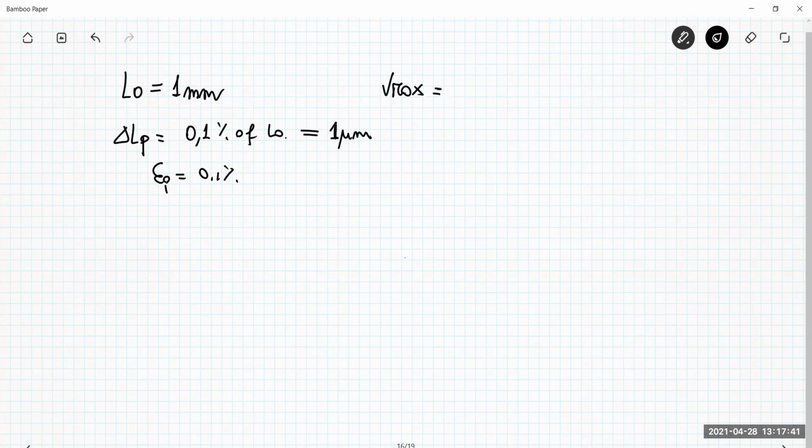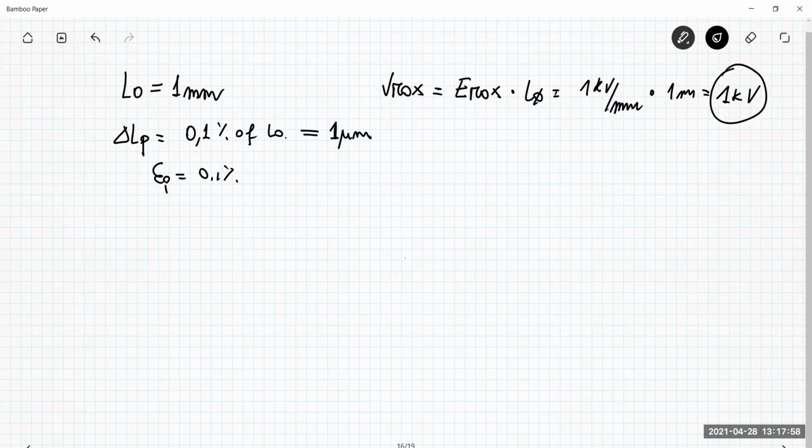What is the maximum voltage that you can apply here? The maximum voltage is the maximum electric field multiplied by L0. Suppose that I have 1 kilovolt per millimeter, and then I have exactly 1 millimeter. So I have to apply 1 kilovolt in order to get 1 micrometer of elongation.